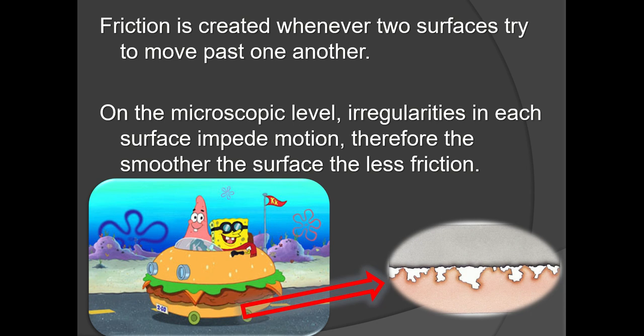But if you think about something like ice, which is really smooth, it's really easy to glide on it or to skate on it. So here's a little microscopic view of, let's say, the pavement and the rubber from a tire, right? On a microscopic level, there are tiny irregularities that interlock together, which creates friction.